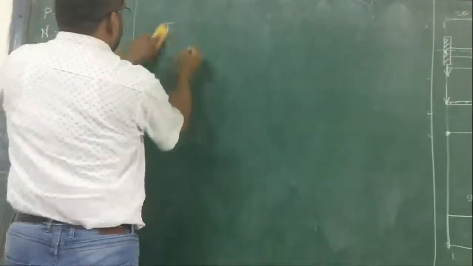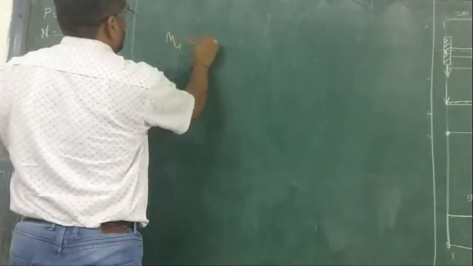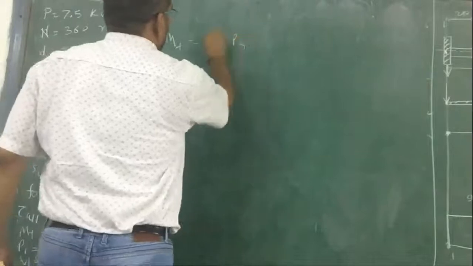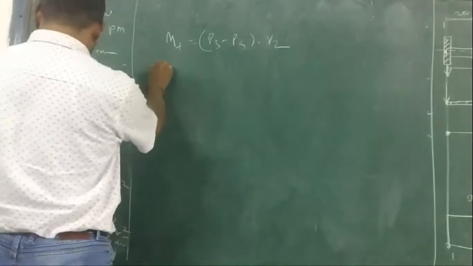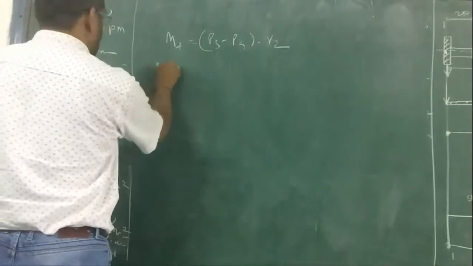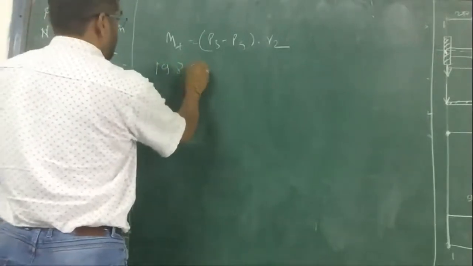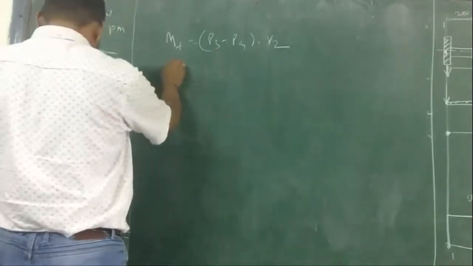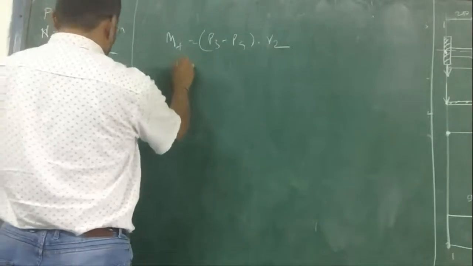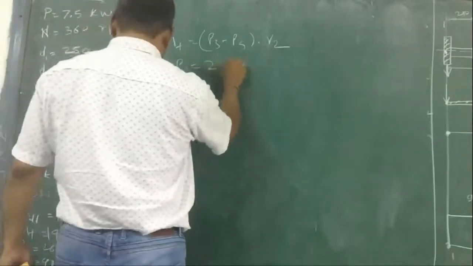So torque at P is equal to P3 minus P4, into R2, right? So the torque is given as 198,943. And the ratio of P3 to P4 is given as P3 is equal to 2.5 times P4.